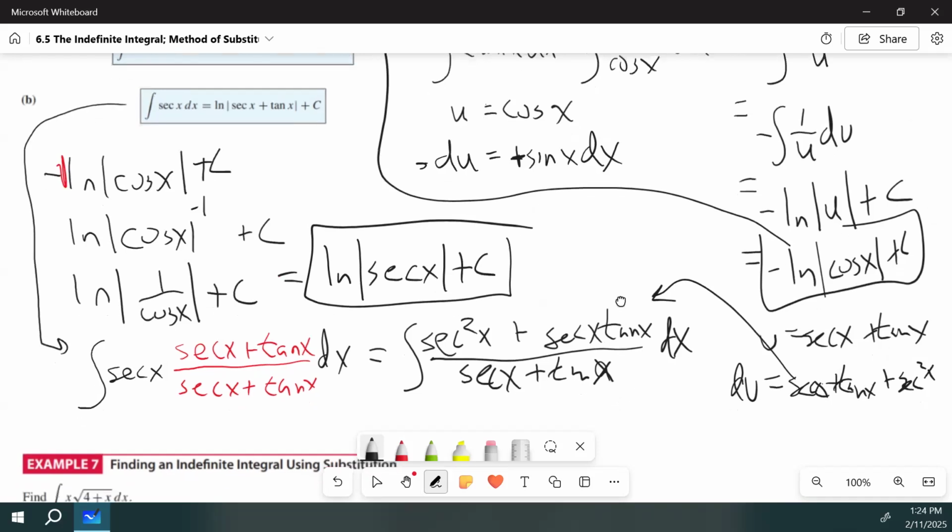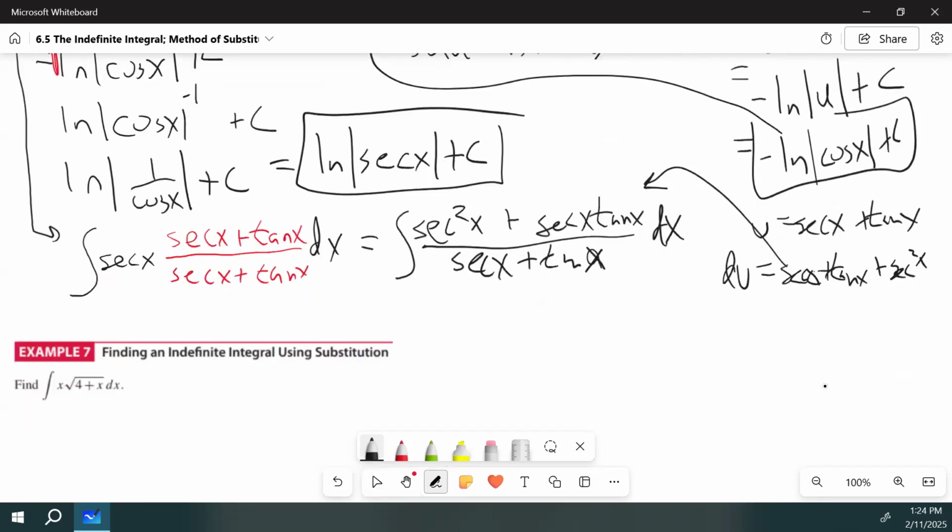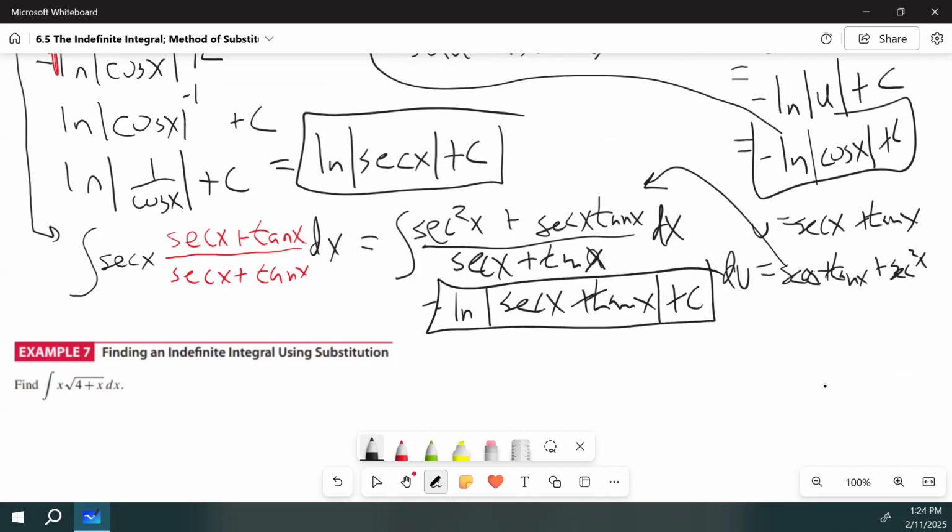So the antiderivative is just going to be natural log absolute value secant x plus tangent x plus c. And that kind of proves the formula there.